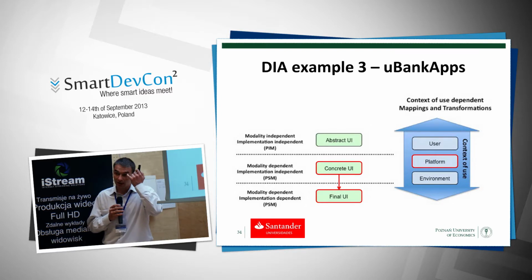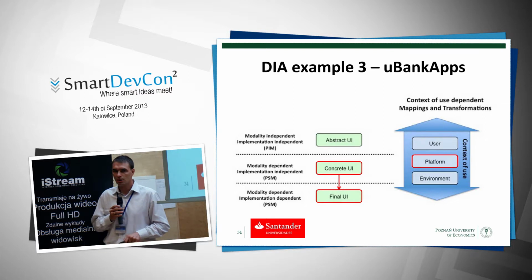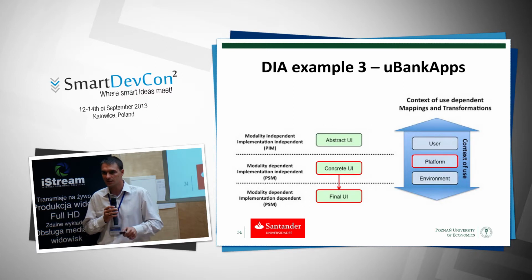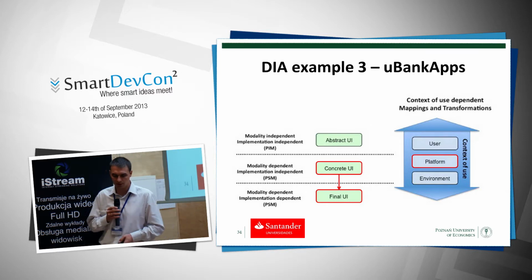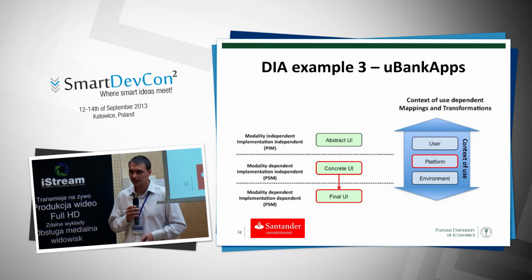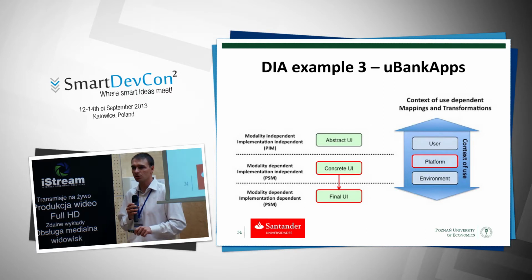And in this project, we have analyzed a number of existing user interface description languages, from high-level languages like UsiXML, UIML, and so on, to low-level platform-specific languages like the XML layout language used in Android, or XAML, or XUL, provided by Mozilla. And what we found out is that none of them allows to fully, declaratively describe the user interface.